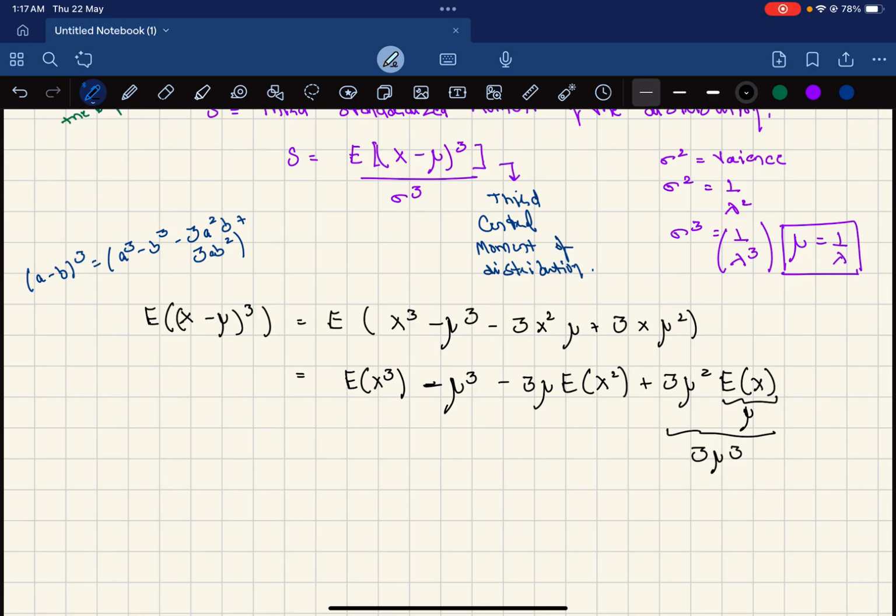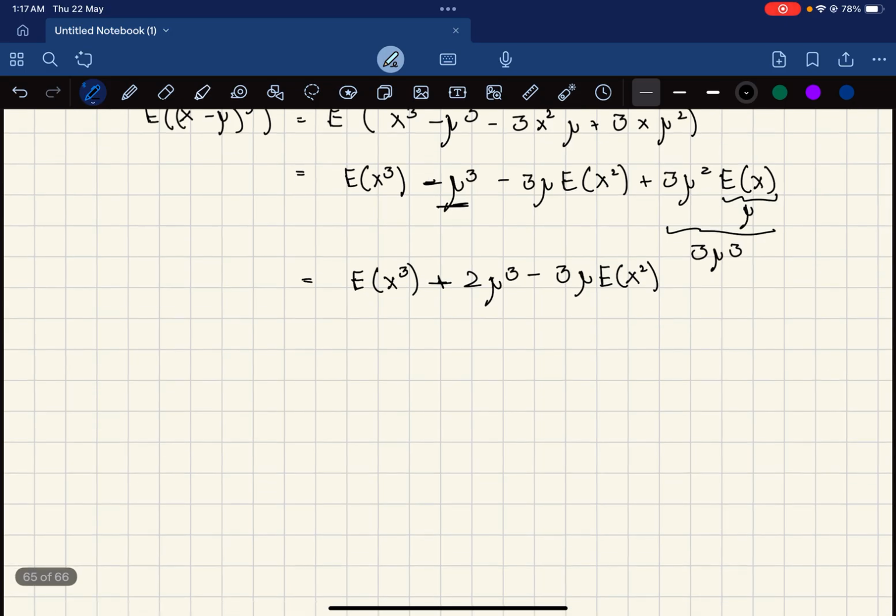Now this 3 mu cube minus mu cube we have here, we can simplify as the expected value of x cube plus 2 mu cube minus 3 mu expected value of x square. Again, from our previous sessions, we already know the expected value of x square is given as 2 upon lambda square. Therefore, we already know this particular term and this particular term. We only need to calculate this.